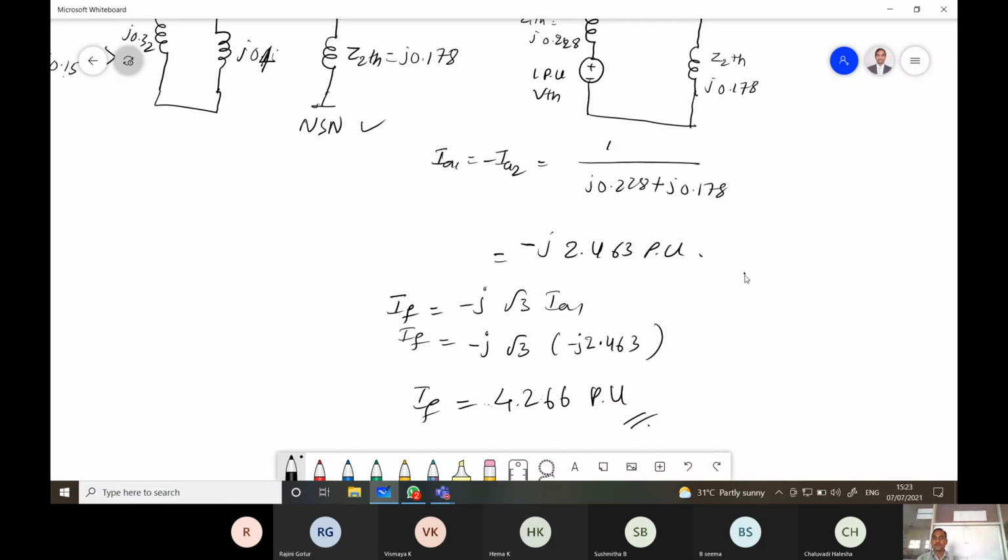So in the previous problem we have taken IF is equal to magnitude of IA1 into root 3, right? Both are the same here. So minus J into minus J, you will get J square, that is equal to minus 1. In the previous problem we have taken that one.